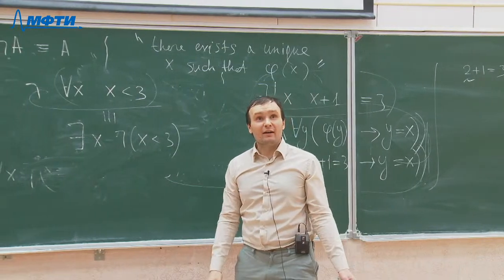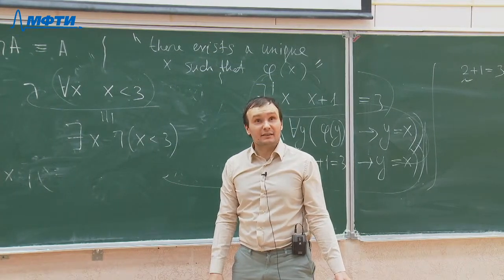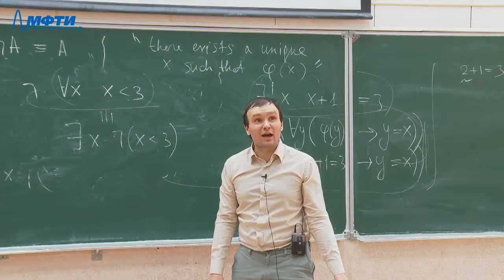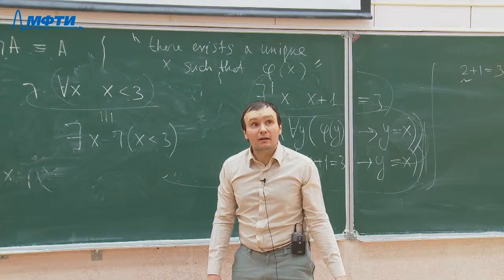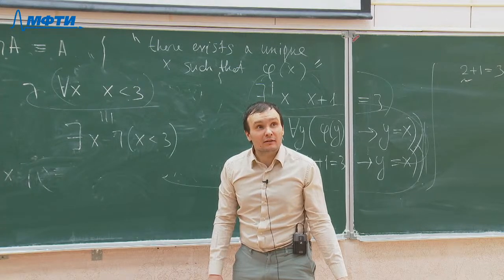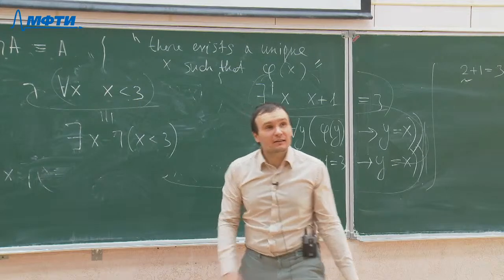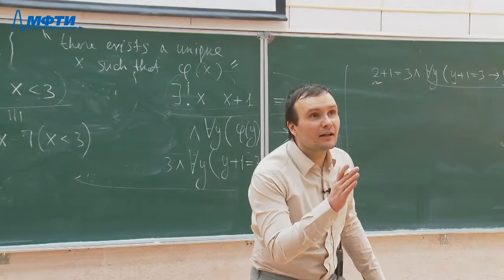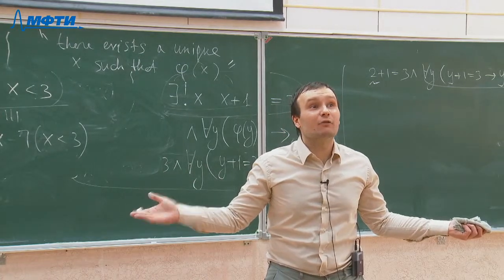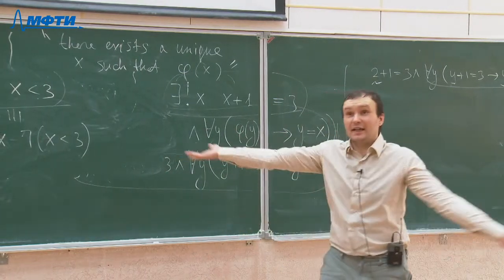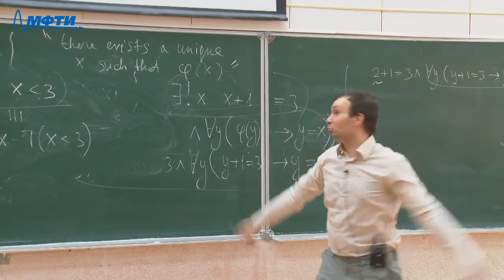By the way, does it exist? Which natural number is not less than 3? Which one? Is 1 not less than 3? Which number is not less than 3? 4, of course. So there exists such a number. Okay.